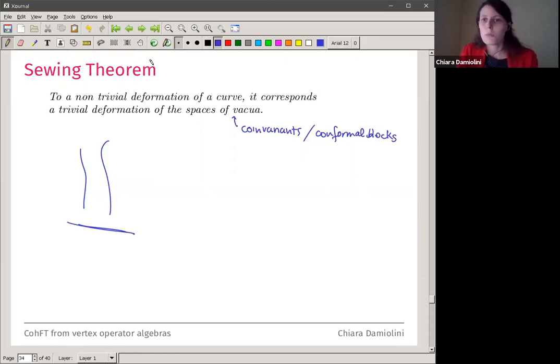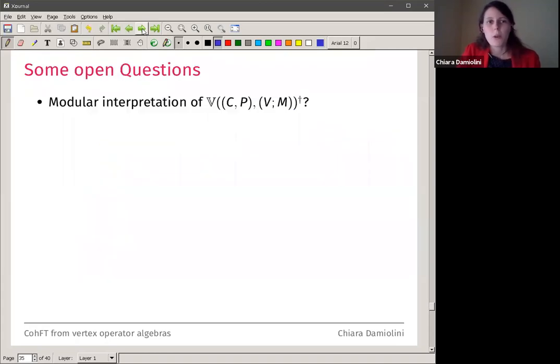So in the remaining 2 minutes, if I'm not mistaken, I want us to talk about some open questions that I'm interested in. The thing that I find interesting is having a modular interpretation of conformal blocks.